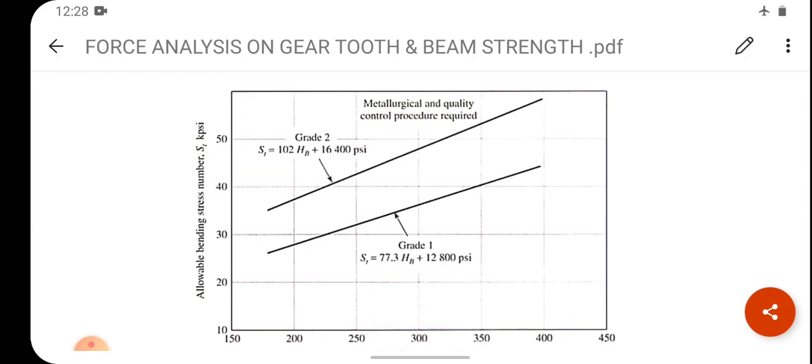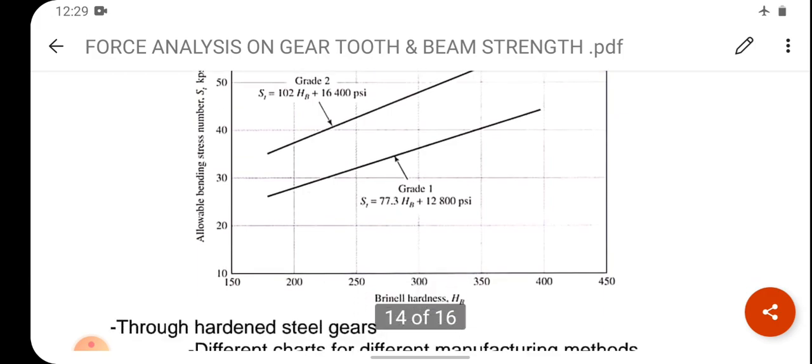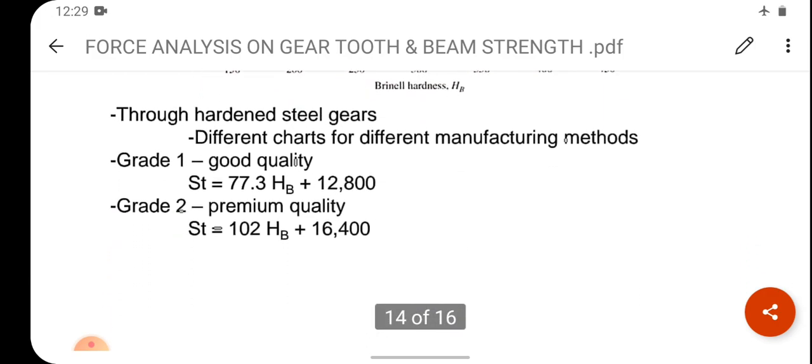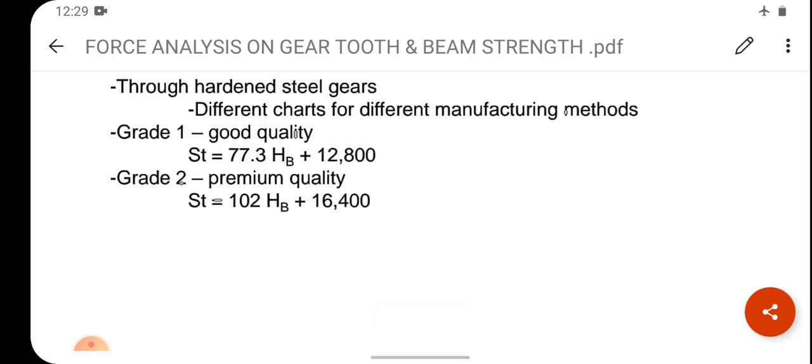Allowable bending stress number, that is ST in KPSI, is the same as KSI and KPSI, kilo PSI. For metallurgical and quality control procedure required, grade 2 is given from the top line, that is ST value is 102 HB plus 16400 PSI, and for grade 1 ST value is equal to 77.3 HB, Brinell hardness number, plus 12,800 PSI. So you can calculate with the help of this ST value, that is the analytical method.